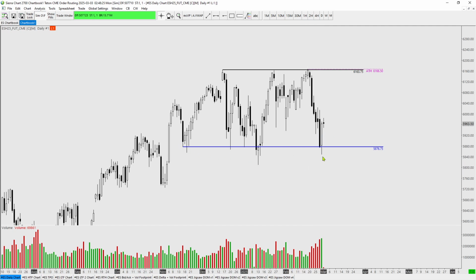We looked below it and we were unable to hold. So there's some trapped sellers down here. And it's very possible that this trap right here can be what makes us at least get back to the middle of the range.